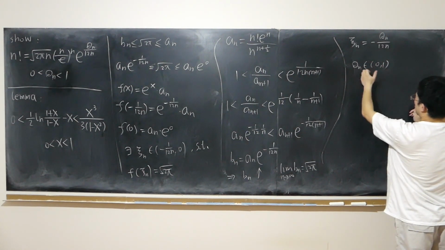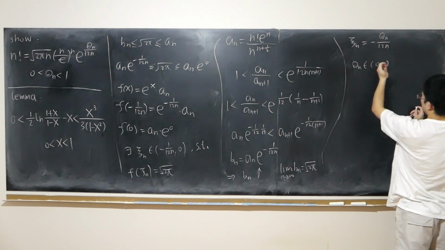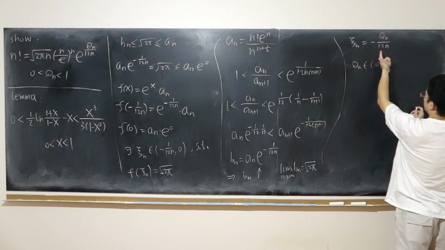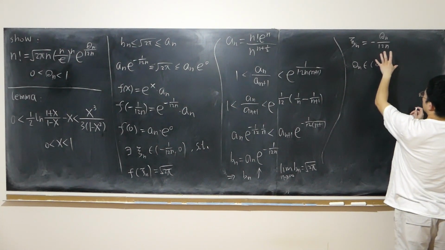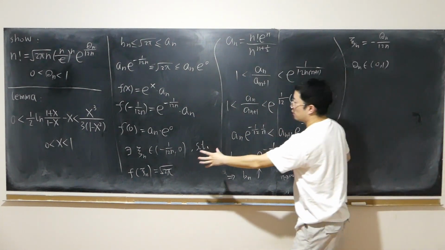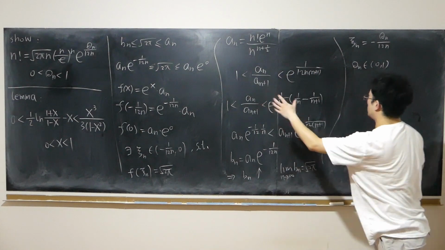That way this value will again be in between negative 1 over 12 and 0, which is exactly where this interval is. It's the same effect.